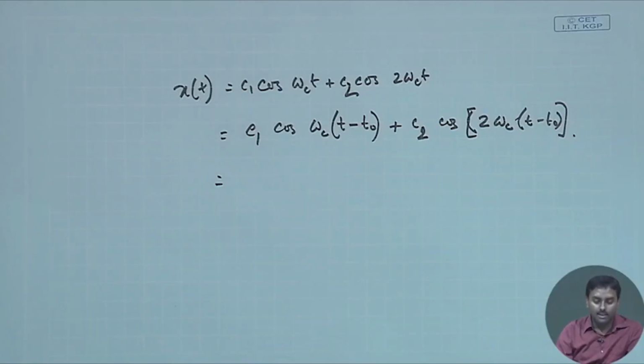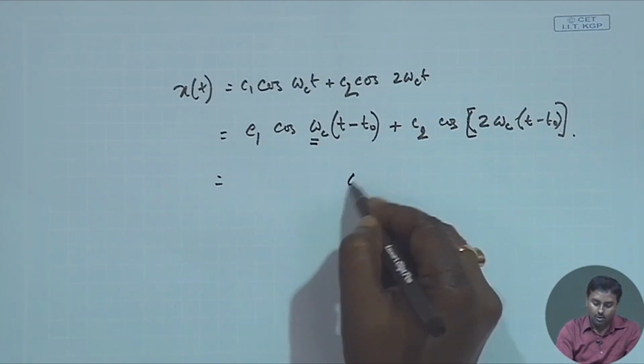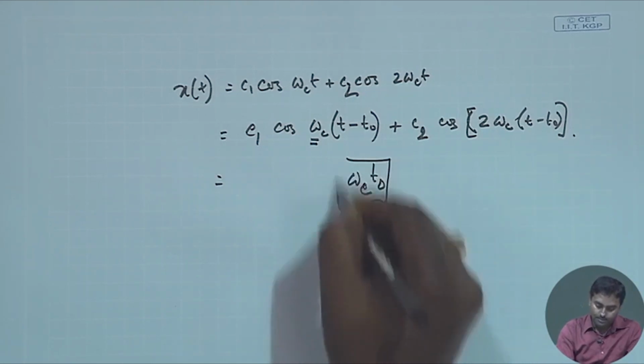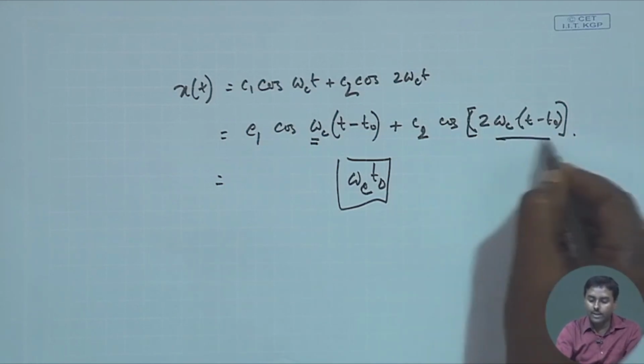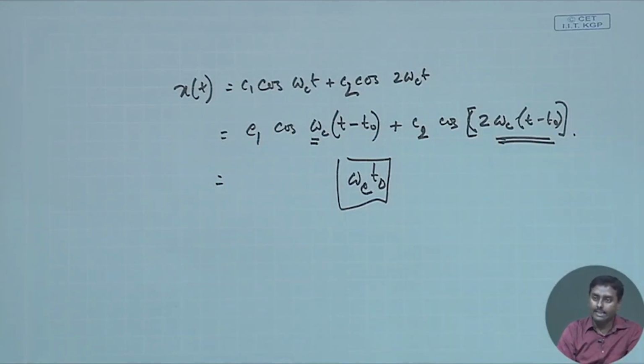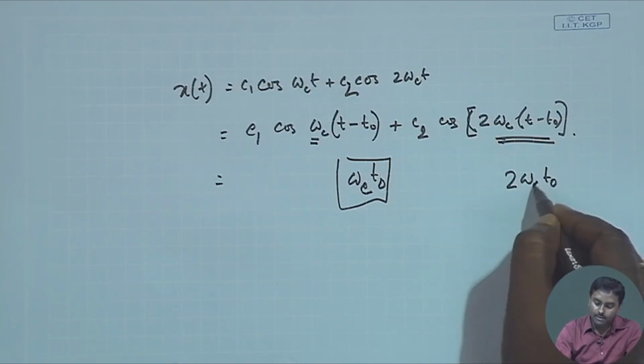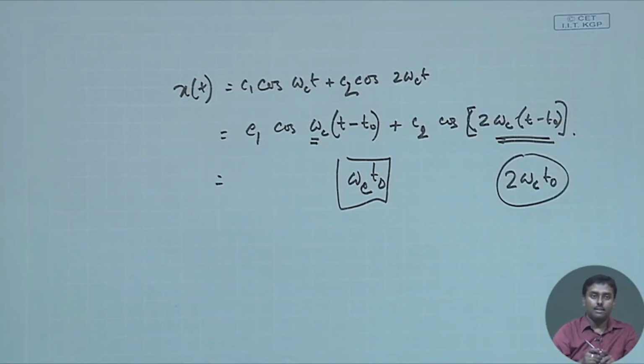So, if I have that, what is happening? This frequency component cos(omega_c t), how much overall phase is it getting? omega_c t0. And this frequency component is getting 2 omega_c t0, right.